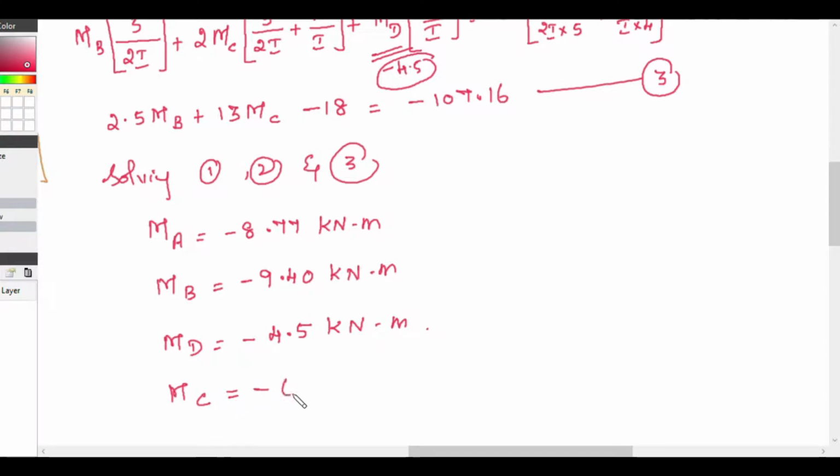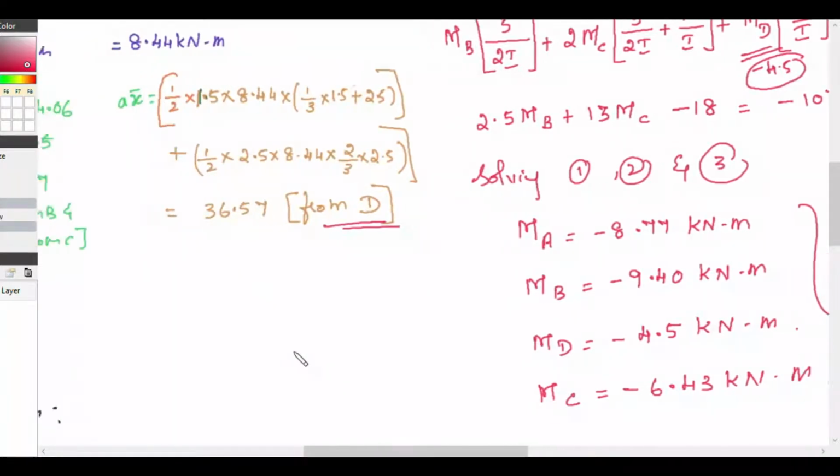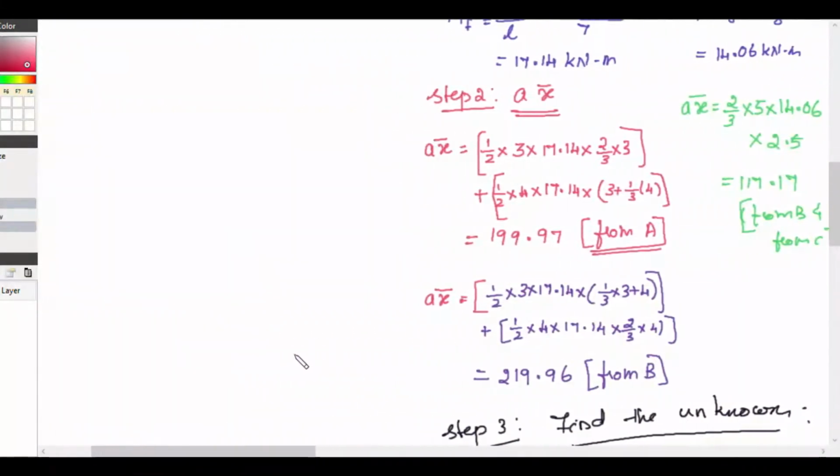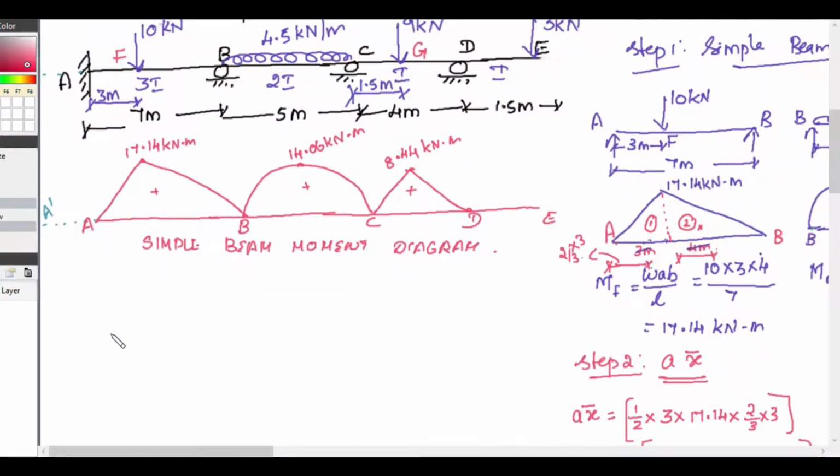MC is equal to minus 6.43 kilonewton meter. So these are our fixing moments. Now we will mark these fixing moments in the diagram: minus 8.77, minus 9.40, minus 6.43 and minus 4.5. All are negative values. Okay, so we will draw our fixing moment diagram.